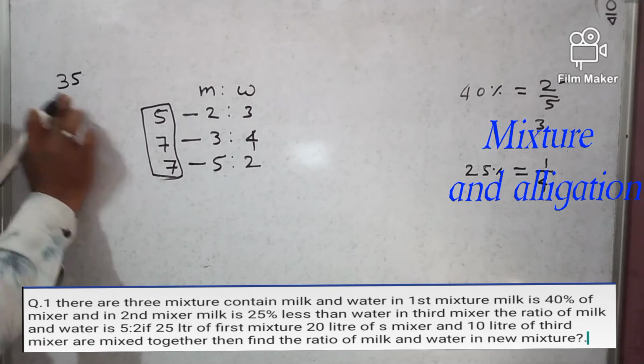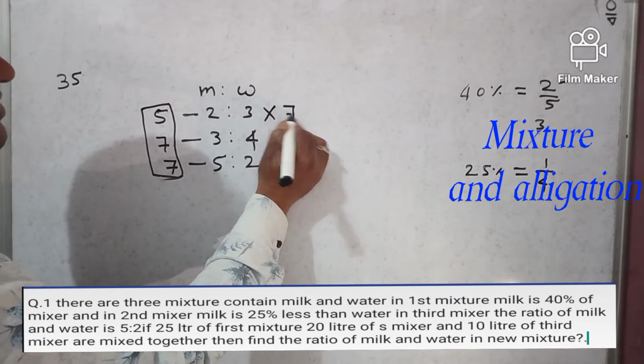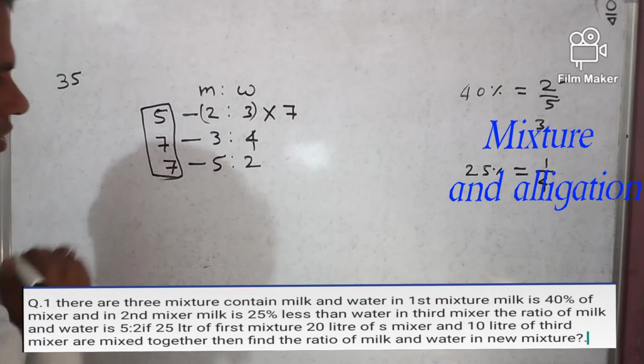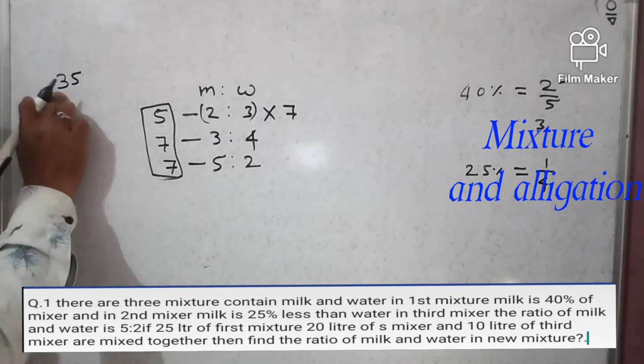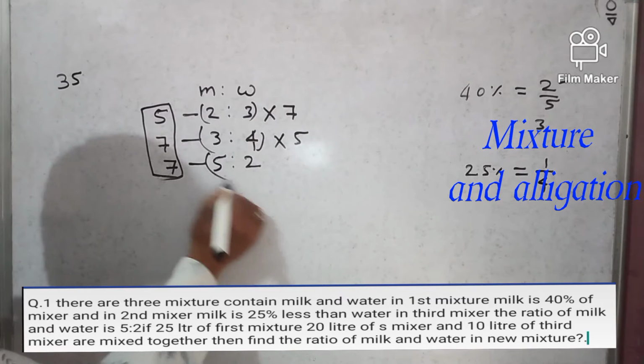The LCM is 35. 5 times 7 is 35, so multiply with 7. 7 times 5 is 35, so multiply with 5.